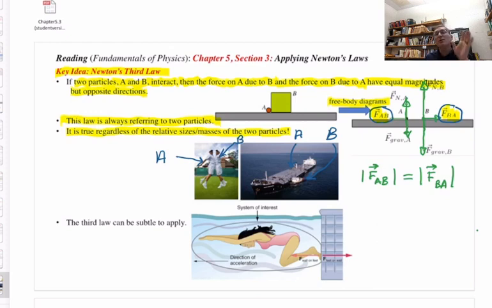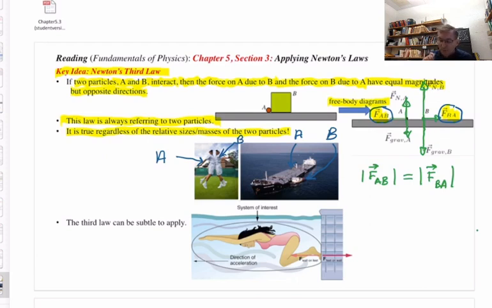So again, if you want to know why a thing is accelerating the way it is, you need to know the total force on it. So we have our big tanker and our little tugboat, and yes, they exert forces on each other, and the magnitudes of those forces are equal. But that's not the total story as to why each one moves the way it does.